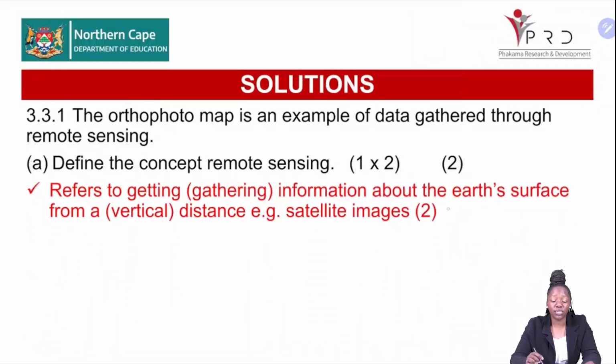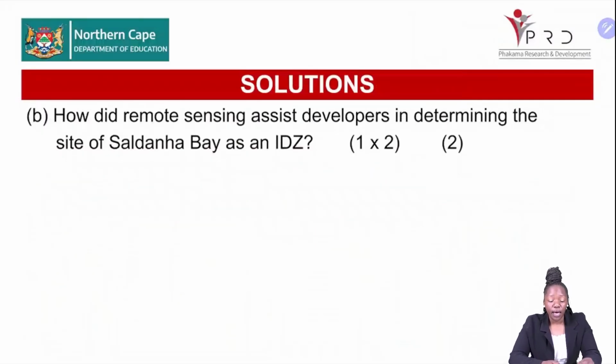So in short, it's the gathering of data from a distance without being in physical contact with the Earth. So what are they using? They are using a satellite image to gather this information. Then at B, how was this remote sensing able to get that information from a distance without even going into the area?